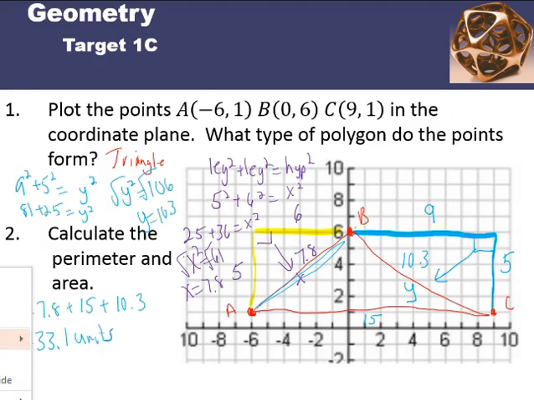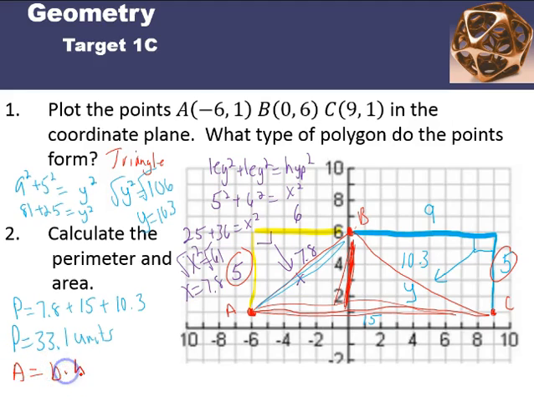Now for the area, I need the base and the height. So this right here is the base, and we already found it. It's 15. And the height is this right here. And it's the same as this and this, which was 5. So the formula for the area of a triangle is, remember, base times height divided by 2.